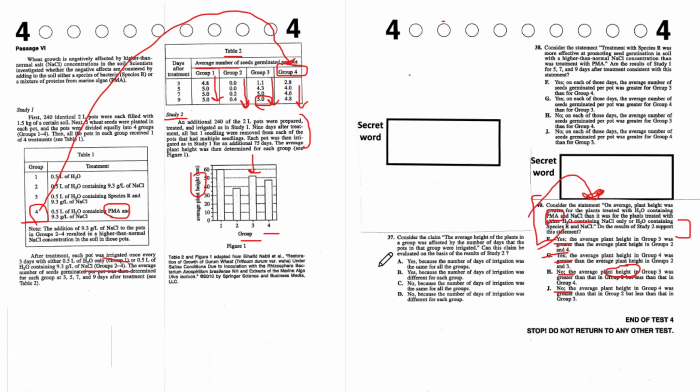So we come over here. So is that true? Group 3, is that greater than 2? Yes. Okay. And then it says, but was greater than group 2, but less than 4. Is it less than 4? No, 4 is less, so that's going to be wrong. The answer choice on this one, kids, it's J.